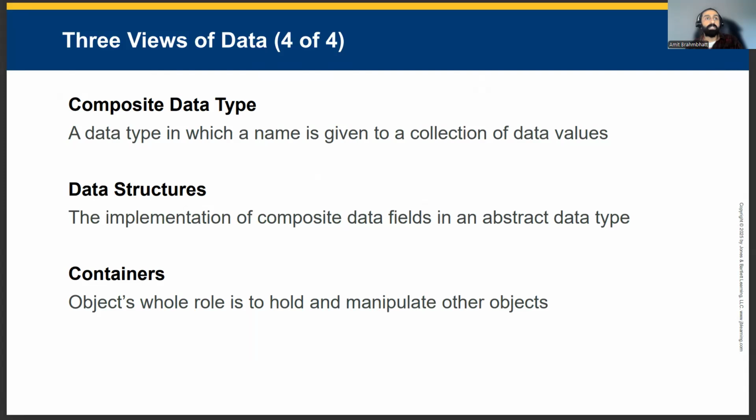Data structures such as arrays, linked lists, and trees are implementations of these composite data types. When an object's main purpose is to simply hold and manipulate other objects, we call it a container. Containers provide structured ways to organize and access groups of data.